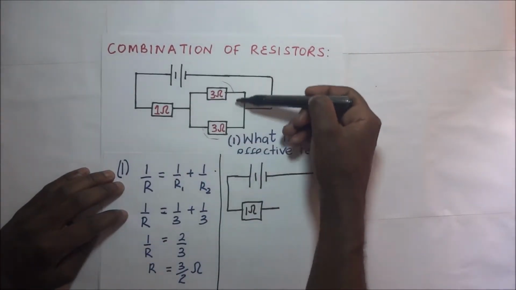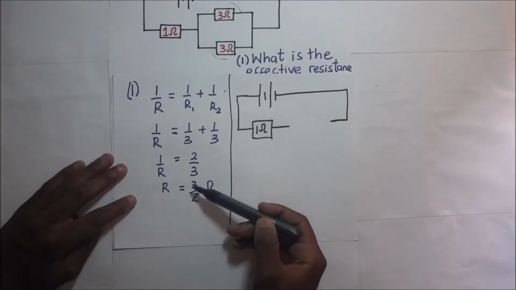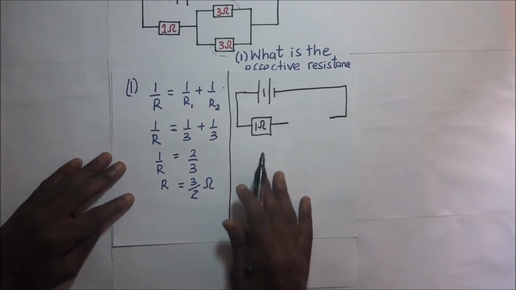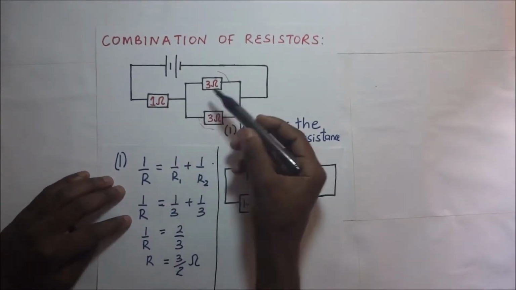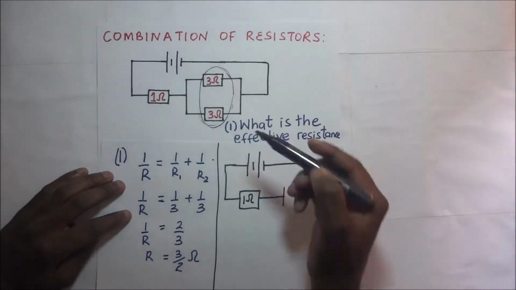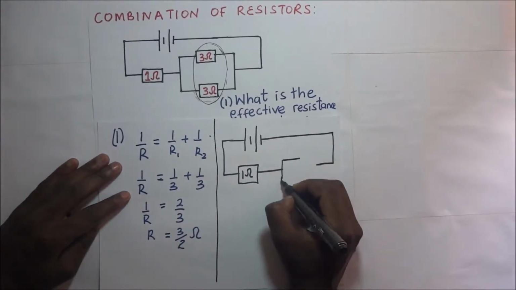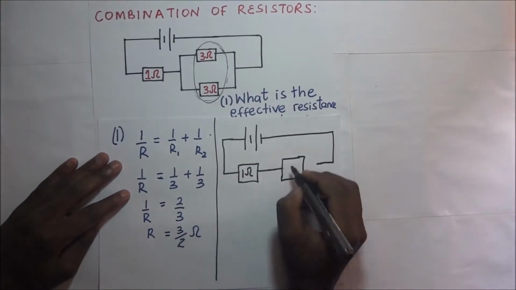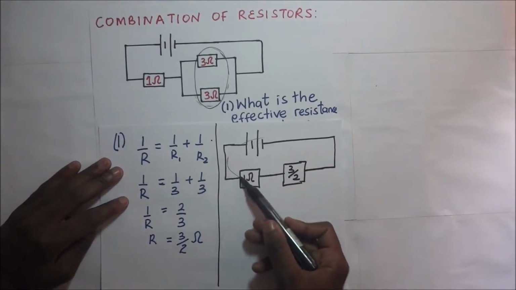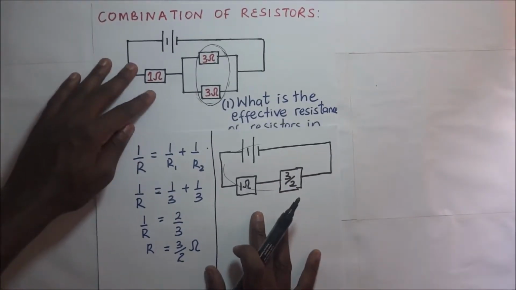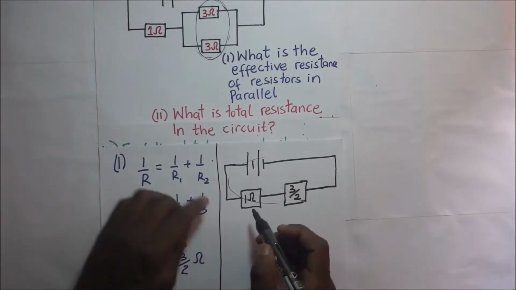Since we found the effective resistance of this parallel combination to be 3 over 2 ohms, it simply means that what was previously here has now become one big resistor of 3 over 2 ohms. So our circuit diagram has become like this.